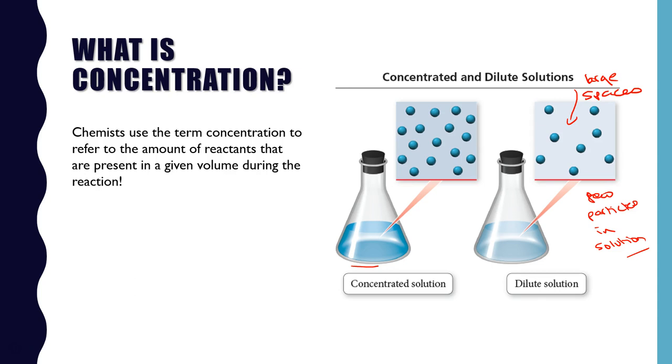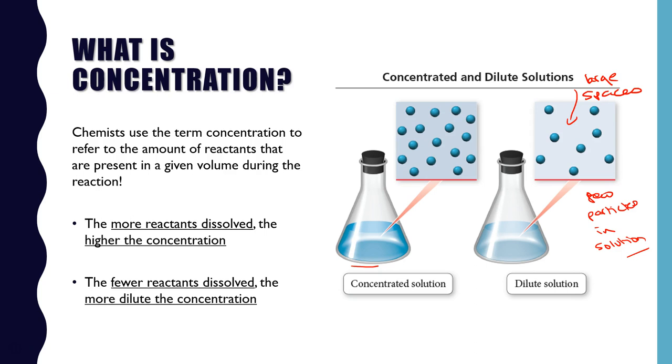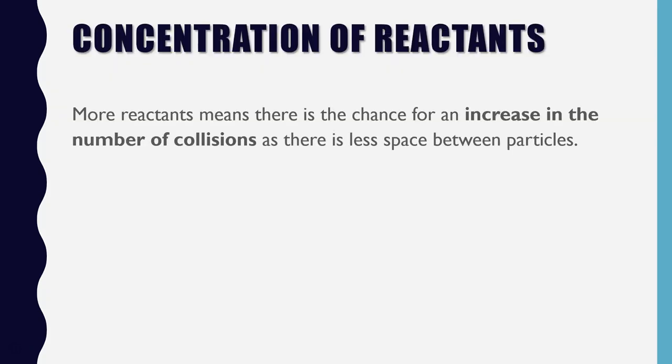This is because that's a concentrated solution of the flavoring and the sugar, and then we dilute it down to our preferred taste level. When we're diluting it, we're adding more water per the amount of concentrate. So the more reactants that we have dissolved, the higher the concentration, and the fewer reactants dissolved, the more dilute the solution.